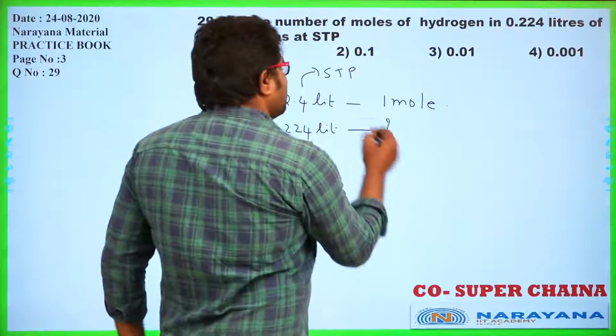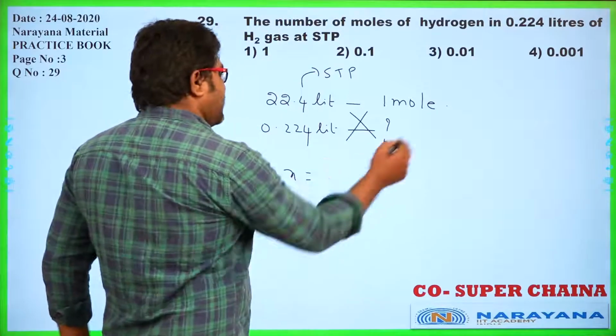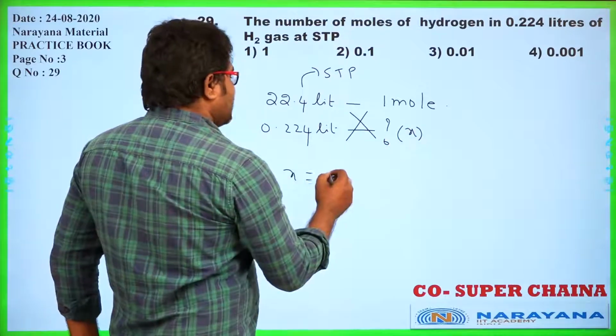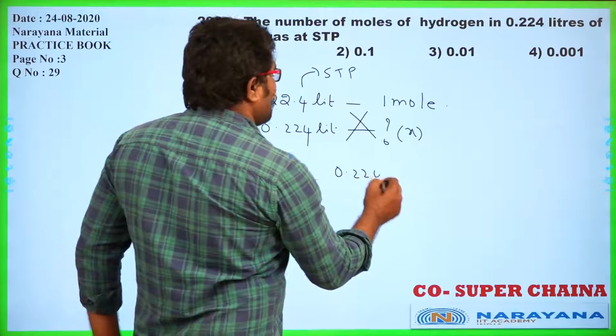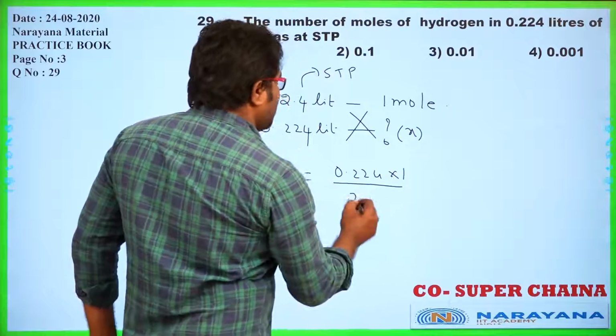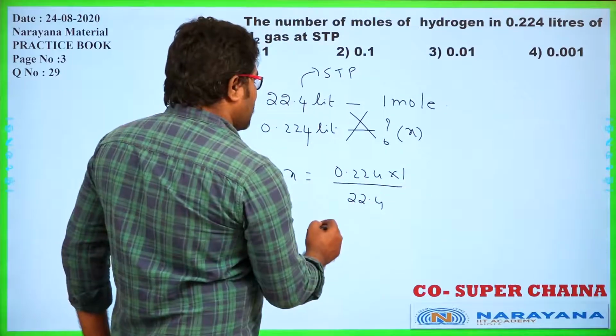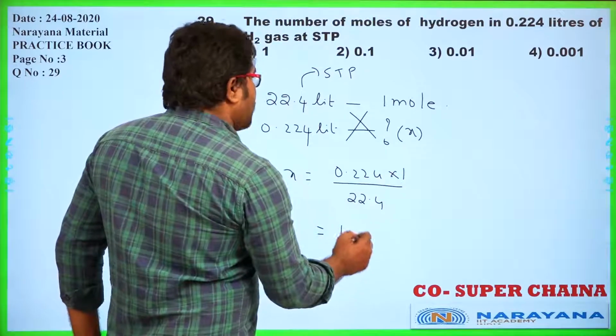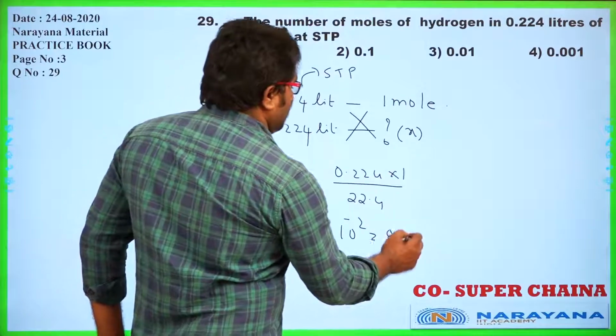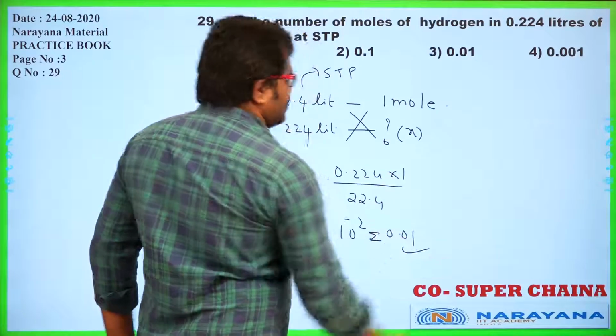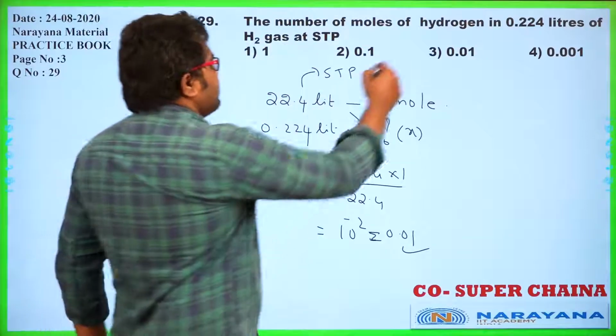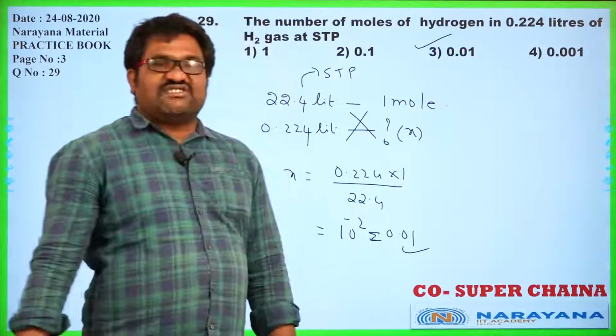So how many moles are there? Simply by cross multiplying, let it be X. X is equal to 0.224 into 1 by 22.4. So that is equal to 10 power minus 2, 0.01. So among the given, the third option is the correct one.